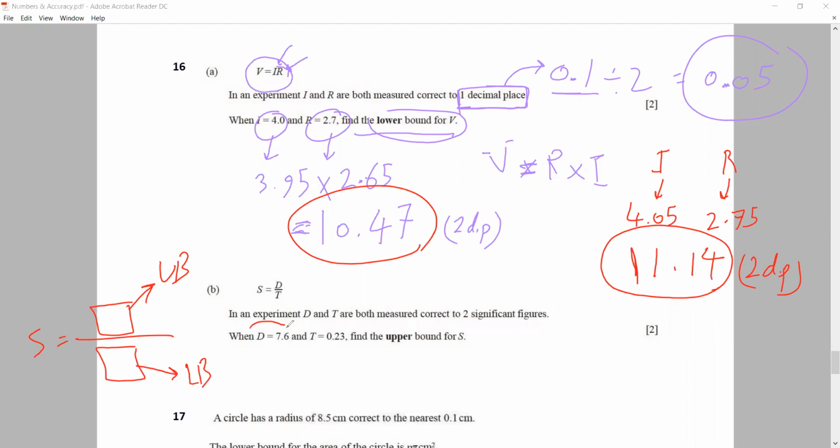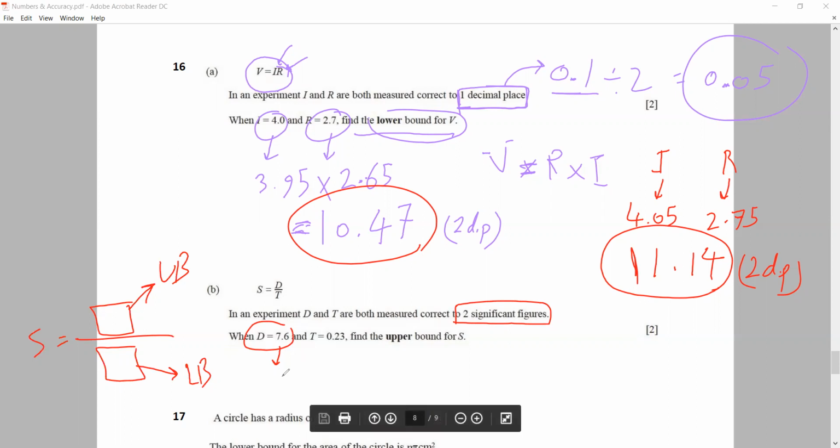So D is in the numerator. I'm going to find the upper bound for D. However, this is 2 significant figures, right? So 2 significant figures is basically 7.6. Okay, I have to add 0.05 here to get the upper bound.